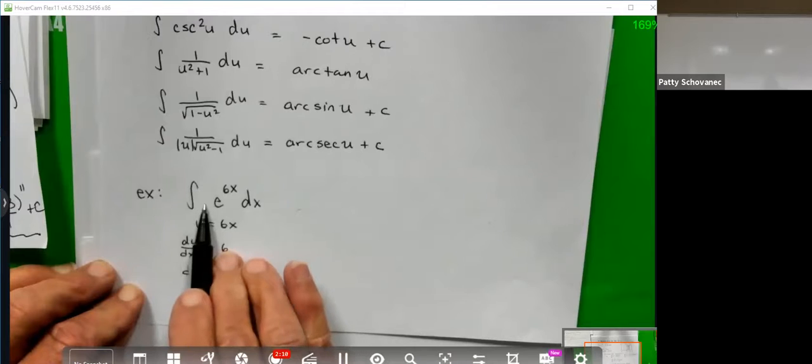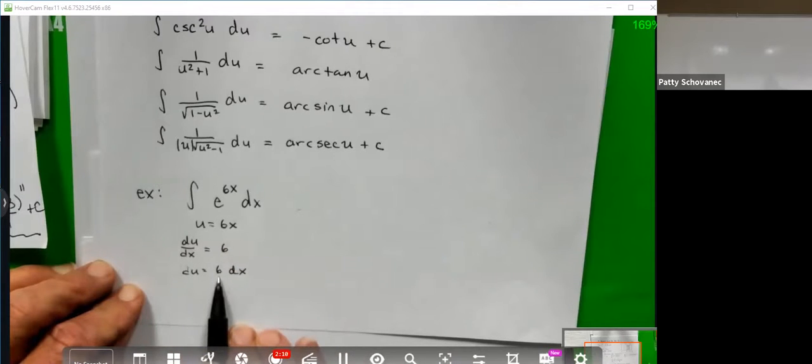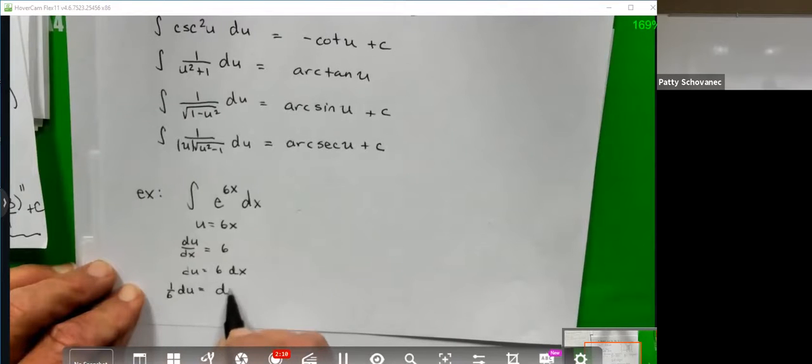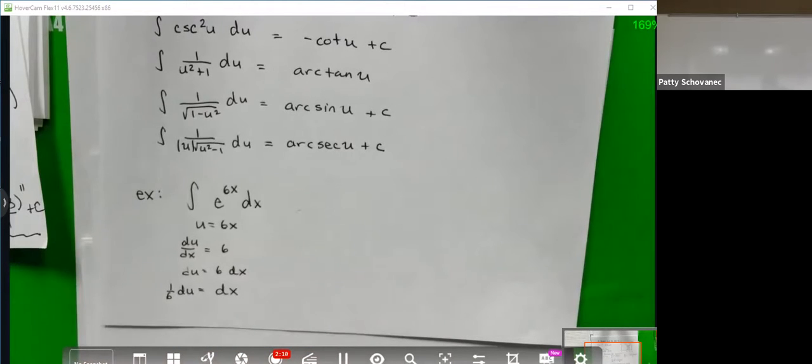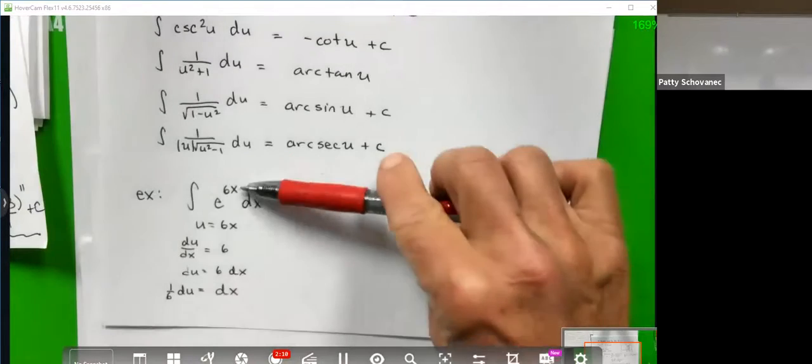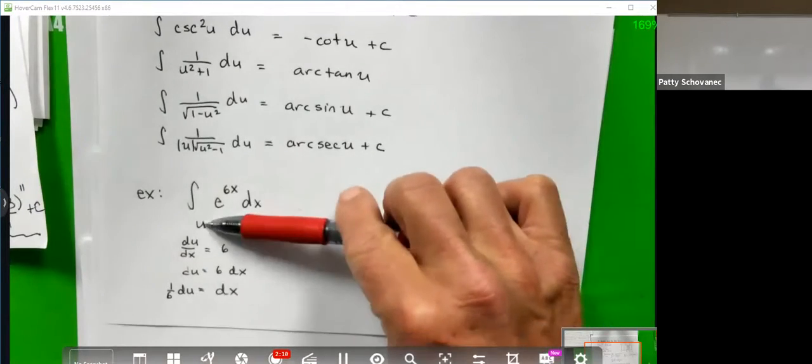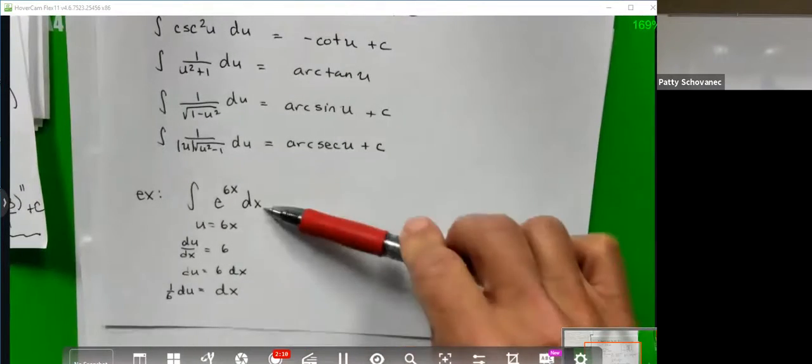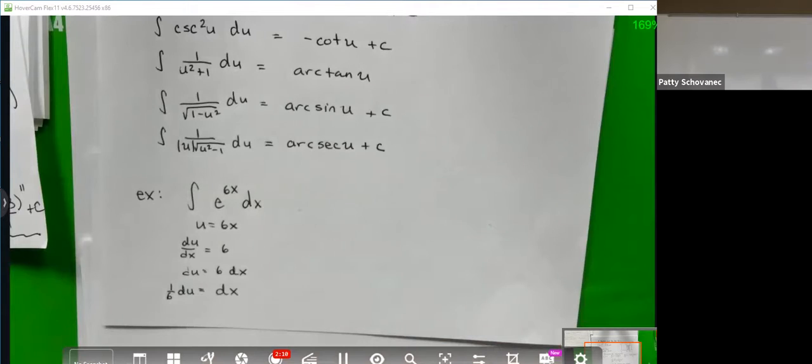Okay, so I don't have the 6 in here. So I want to get it out of here by moving it over here with the du. And now I make 2 substitutions. Where the 6x is, I put in a u. Where the dx is, I put in 1/6 of du.